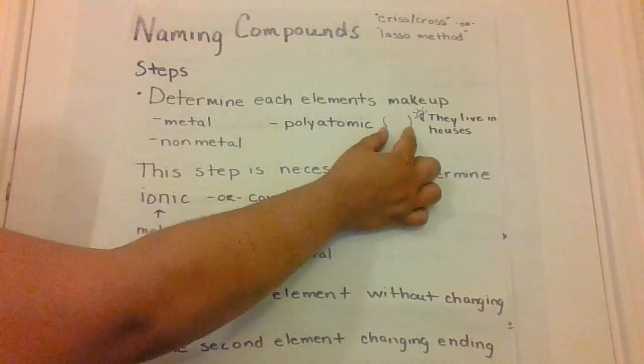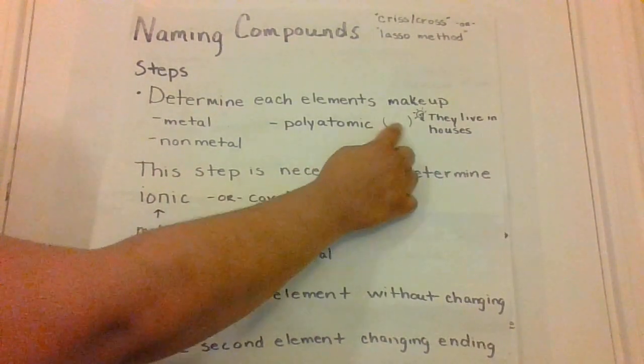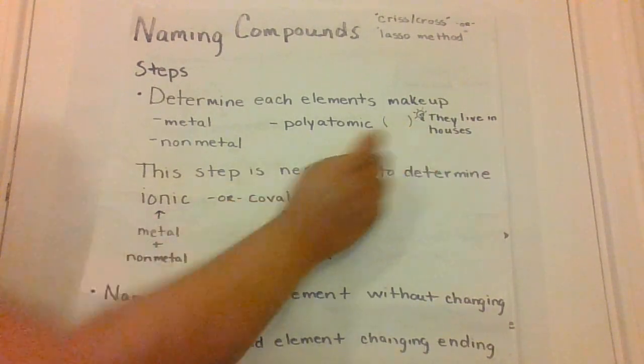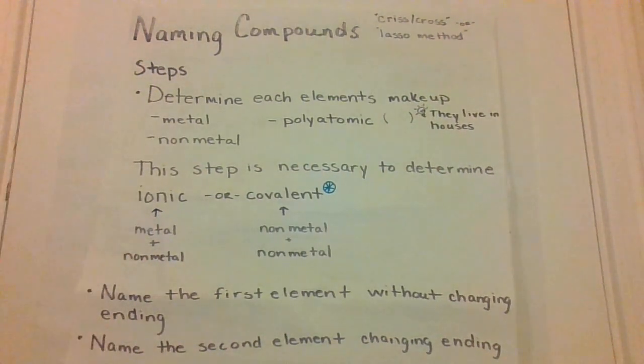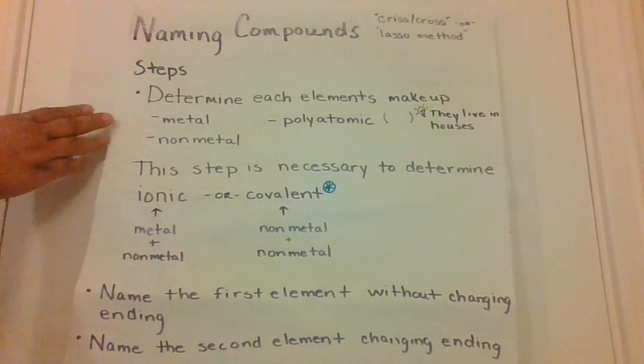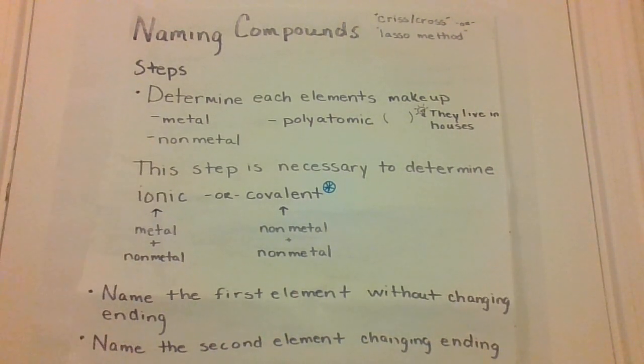You'll see a number of compounds that have parentheses and a subscript, or a small number written on the lower right corner. Those are going to be your polyatomic ions. And this step of determining each element, whether it be a metal or a nonmetal, will help you to determine if the compound is ionic or covalent.